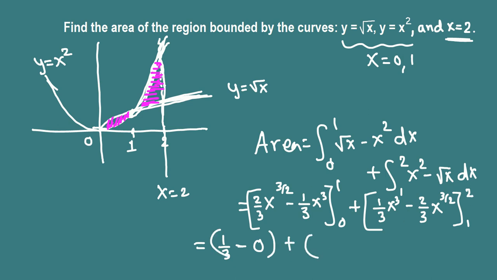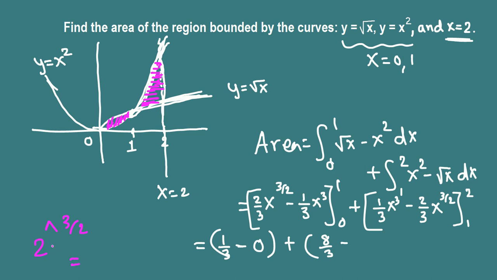Plus the second part, plug in 2. So 2 cubed is 8, 1/3 times 8 is 8/3, minus 2 raised to 3/2. What is that? Let me do it over here. 2 raised to 3 halves.